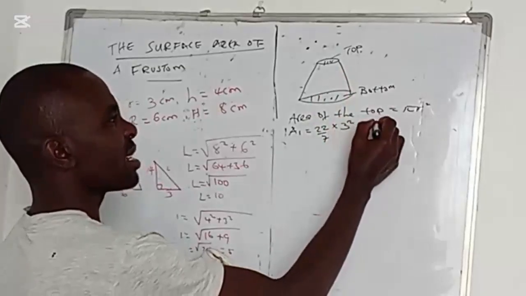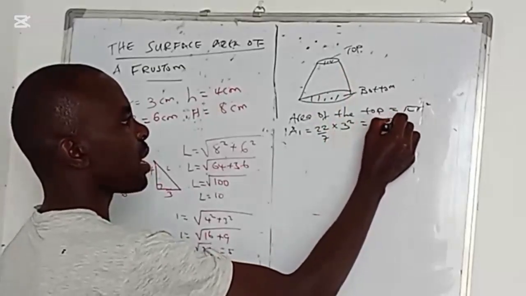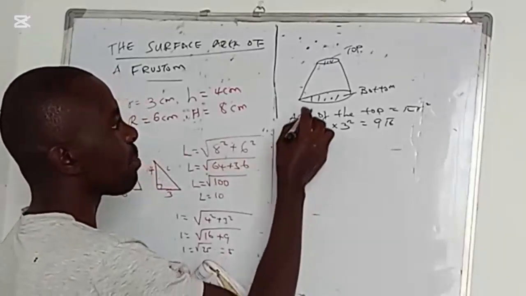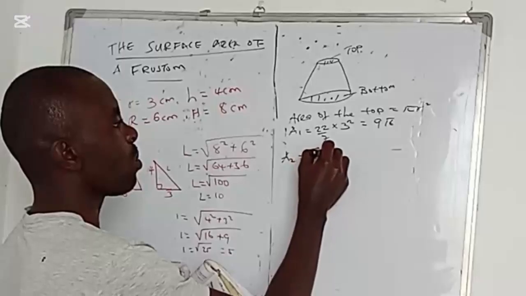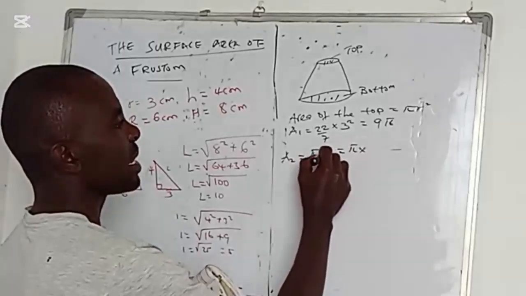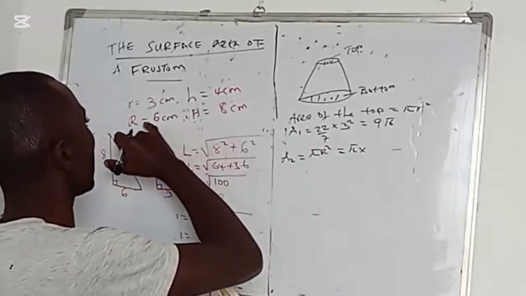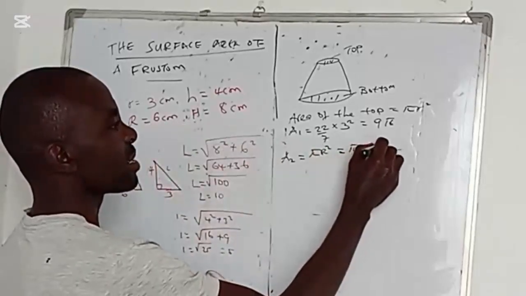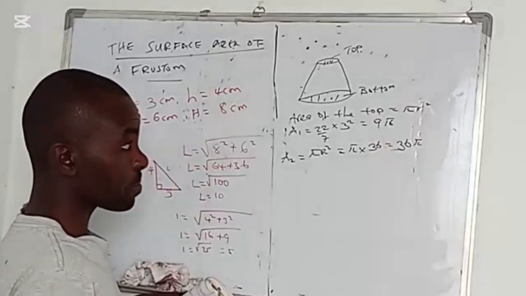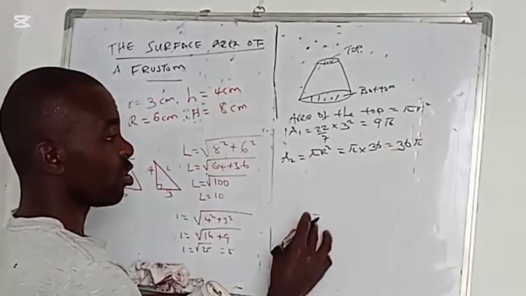You can say it's 9 pi. Let me use pi. It's 9 pi. Then area 2 is the base, which is also pi r squared. So pi times, what is our r? Big R, 6. So that is given as 36 pi. So we have the base and the top.